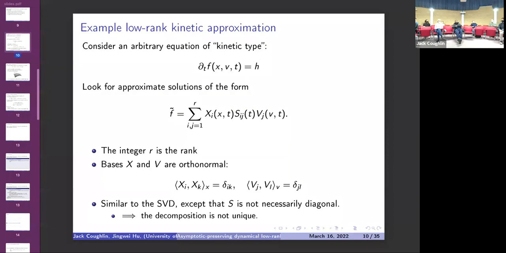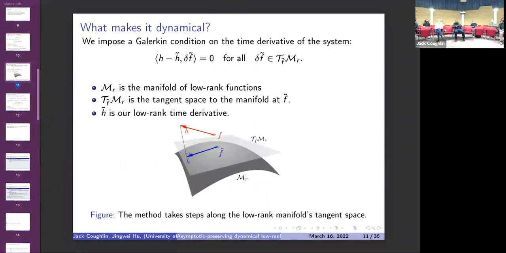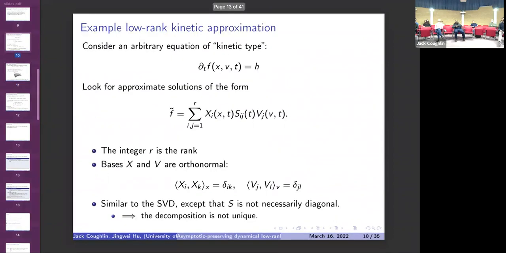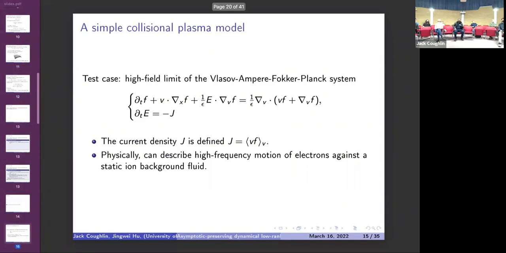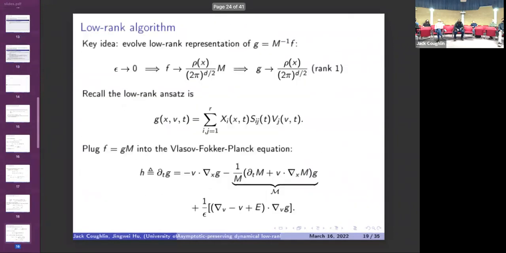So once you have this SVD, I couldn't figure out at what point you introduce Galerkin projection? So could you please talk about it? Yeah. So it doesn't come in at this point, right? It comes in when you have the time derivative of your equation.